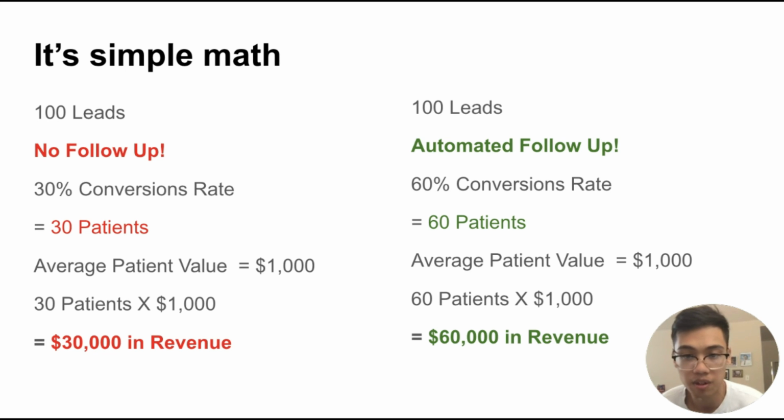Now in the other case, with a 60% conversion rate, you're going to get 60 patients from the same number of leads, and with the same average patient value, you're going to hit 60,000 in revenue. And this can make a huge difference for your practice. It really makes every marketing effort that you do, or every lead that you generate, much more valuable.